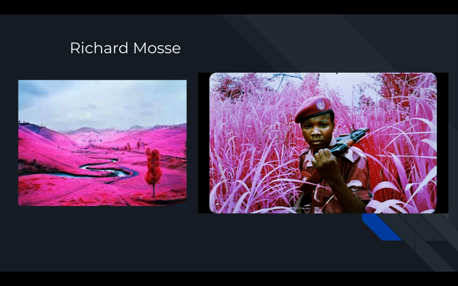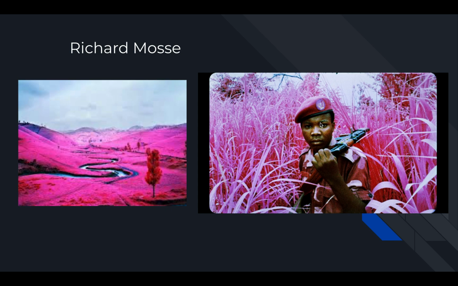Another photographer doing some really interesting things. This is an Irish photographer named Richard Moss, and he uses a special infrared film. All of these images are coming from Nigeria. Normally everything would be really bright and green, but because he's using this infrared film, it has this fantastical feeling to it.